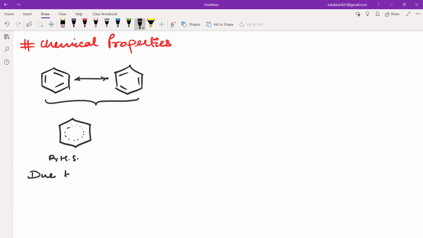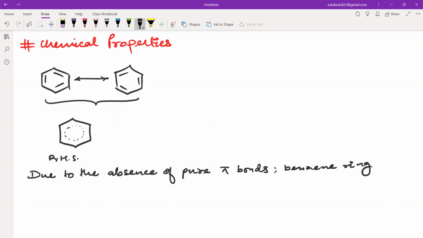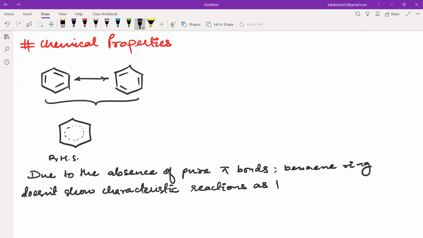So due to the absence of pure pi bonds, the benzene ring doesn't show characteristic reactions of alkenes.